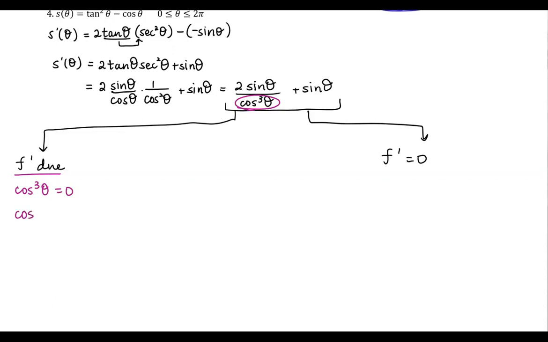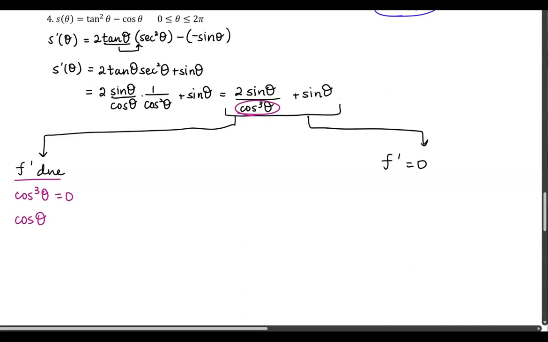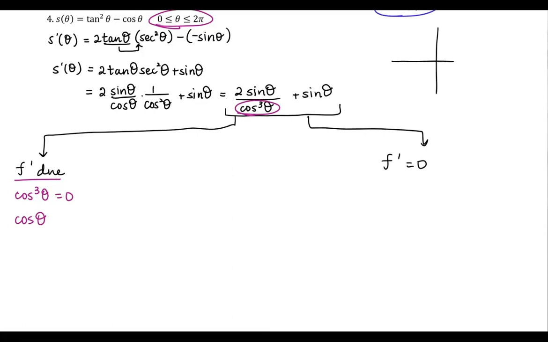So I can drop the cubed by cube rooting both sides, and I'm just then interested in where is cosine equal to 0 on this interval from 0 to 2 pi. If you need to sketch or reference a unit circle, do that to see that cosine is equal to 0 at the radian measures of pi over 2 and 3 pi over 2, because cosine is the x coordinate.